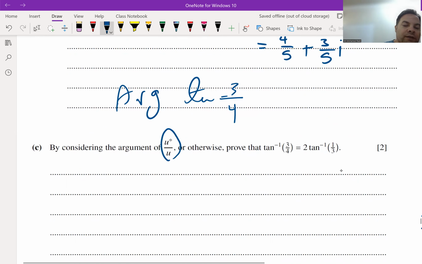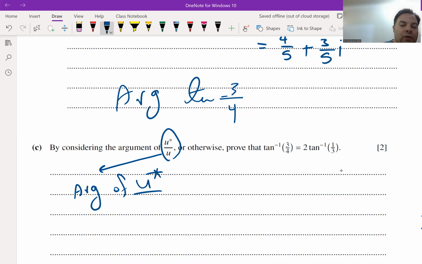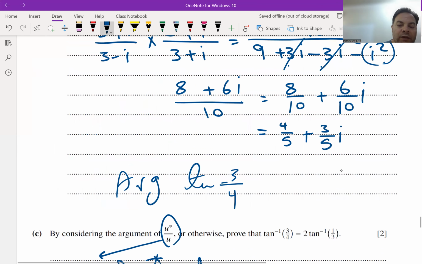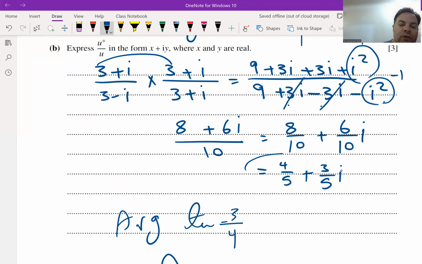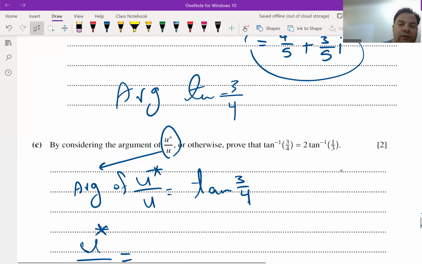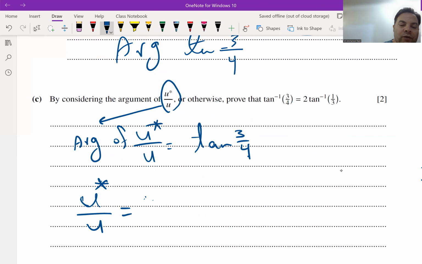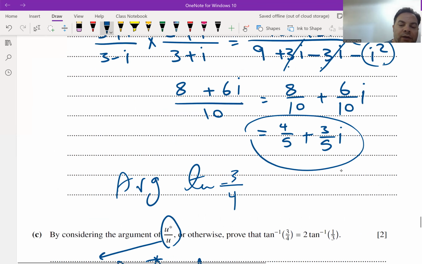We already have it in its simplest form from the previous part. We'll write this complex number as 4 over 5 plus 3 over 5i.